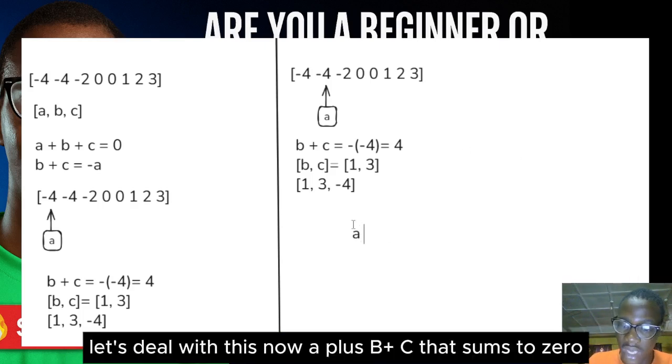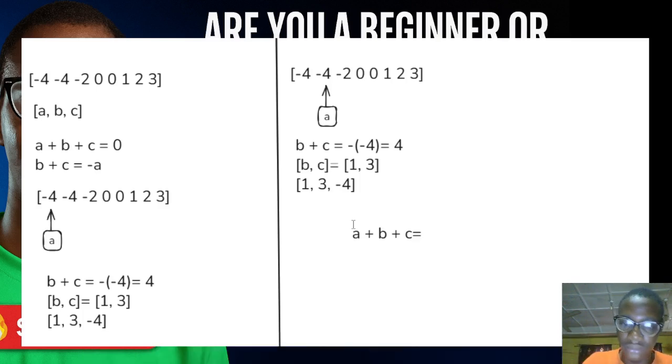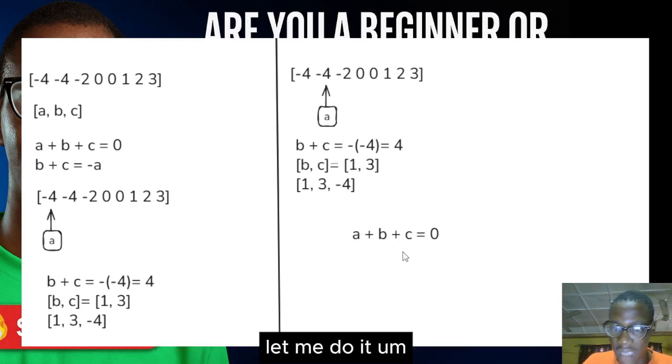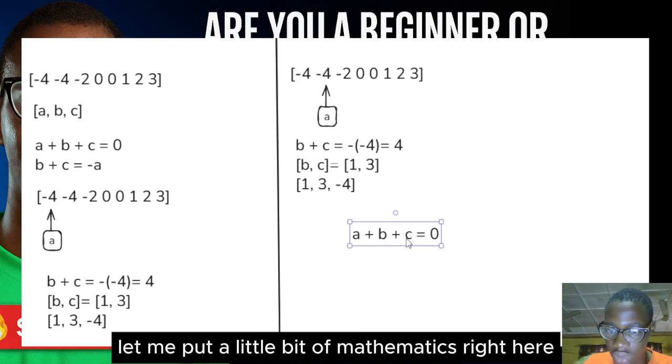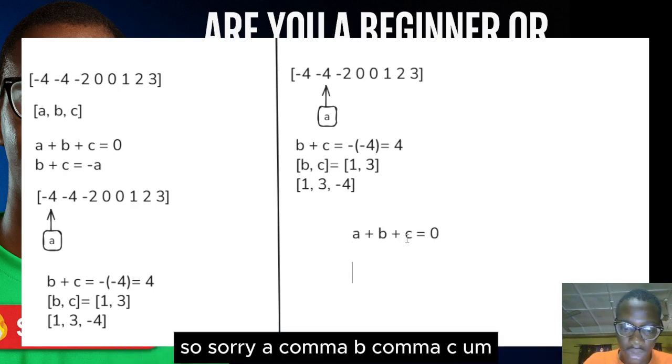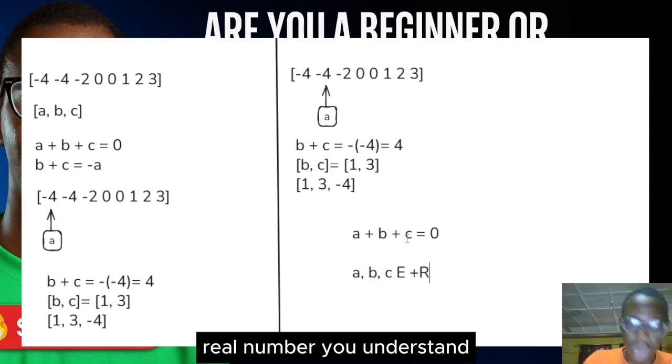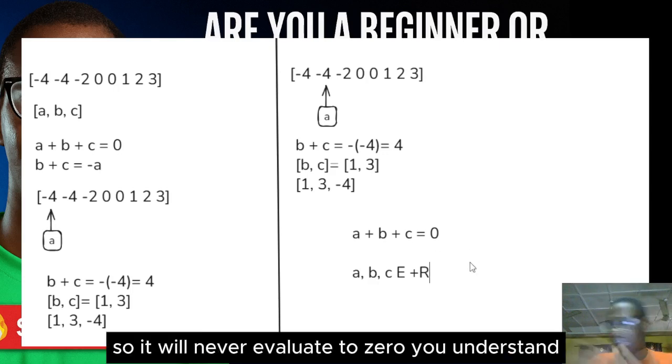Let's deal with this now. A plus B plus C sums to 0, right? But if A, B, C are all positive real numbers, it will never evaluate to 0.